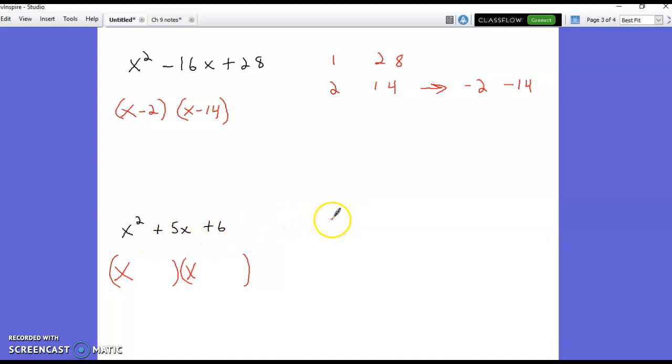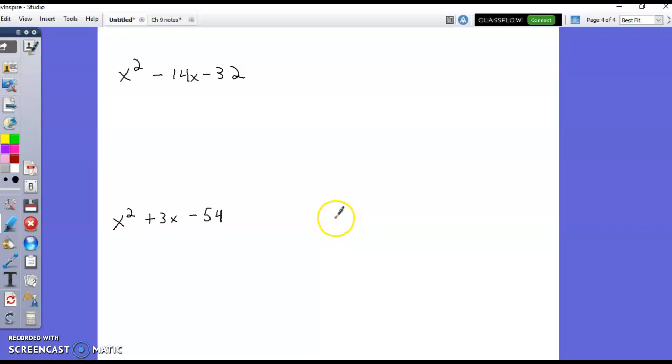So my factors of 6, 1 and 6, 2 and 3. Use your calculators to do that. So there are my choices. Because it's positive and this is positive, I know that they're all going to be positive numbers. So which one of these add together to equal 5? Well, 1 plus 6 is 7, 2 plus 3 is 5, so that would be a +2, +3, and there's my factored form of that.